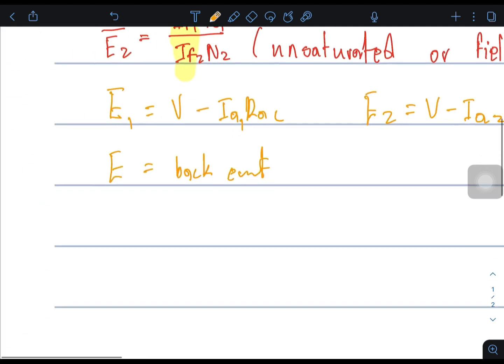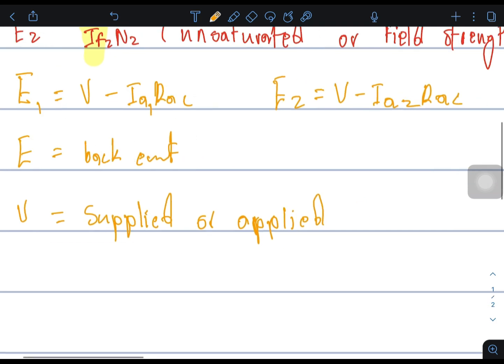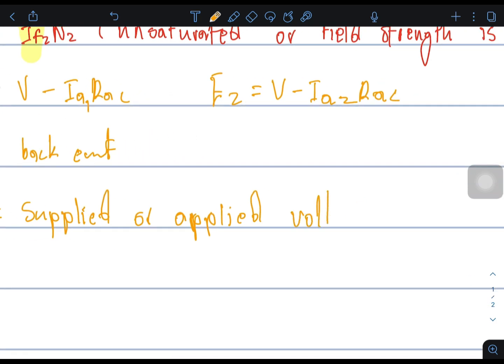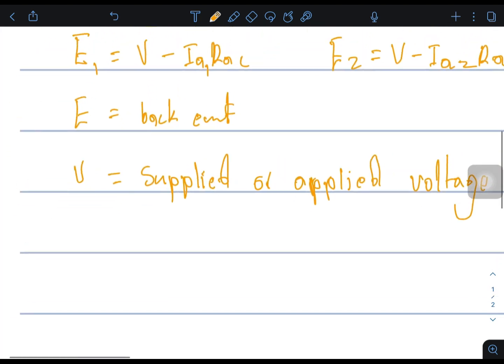Then V is the supplied or applied voltage. Then IA is the armature current.